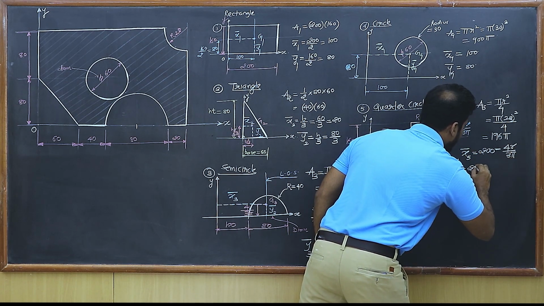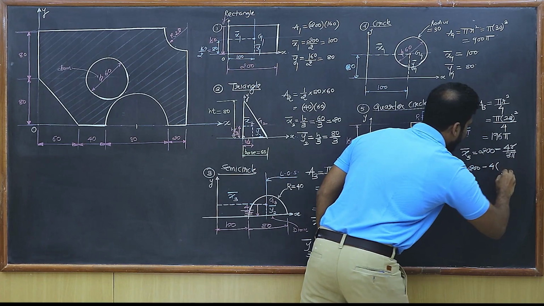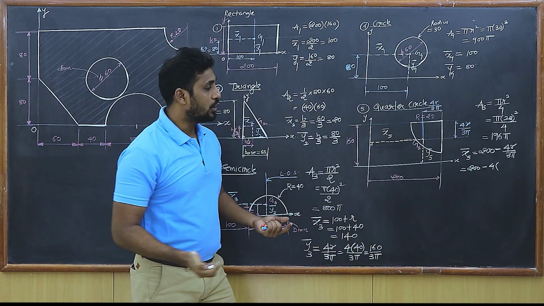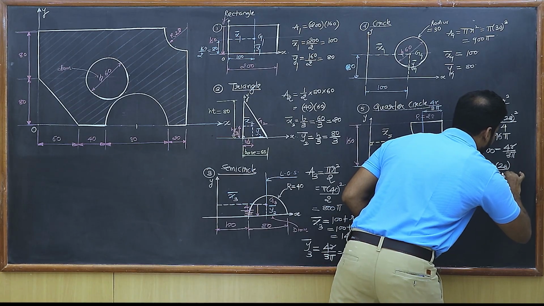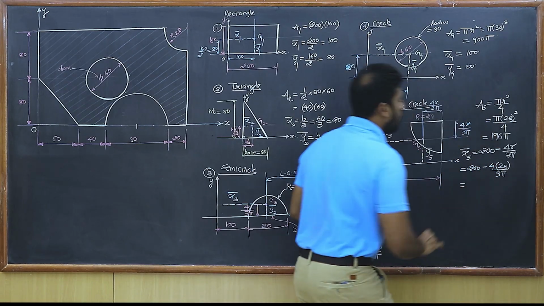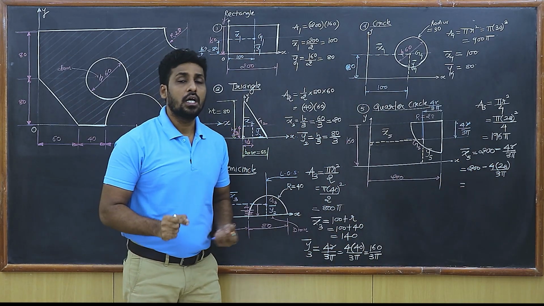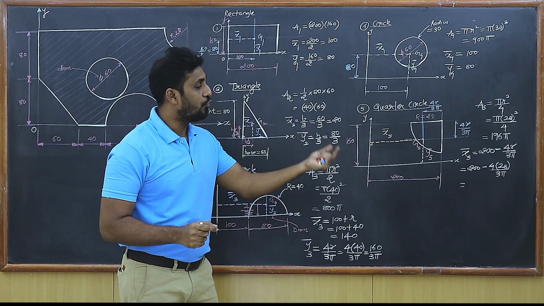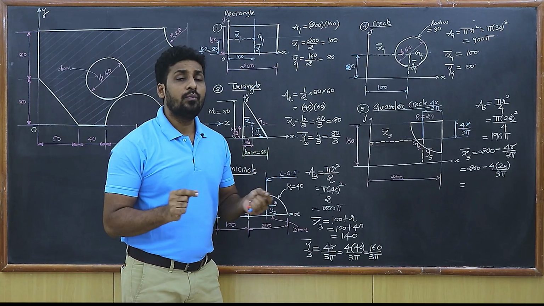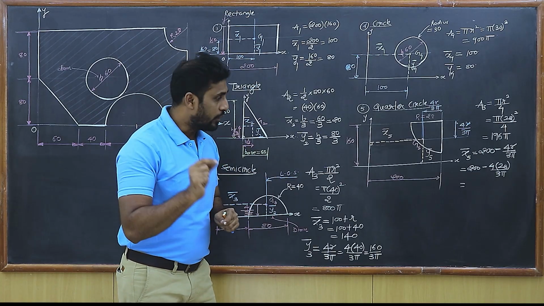So that is going to become 200 minus 4 into, what's the radius? Students, we know radius is 28. So that's 28 upon 3 pi. Definitely, I will be solving this particular expression. It is always convenient to do these type of calculations. So 200 minus 4 into 28 upon 3 pi. I will be calculating this particular value. So let's wait for a moment.